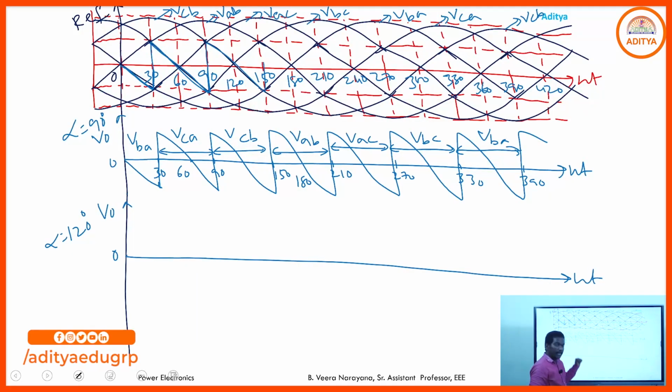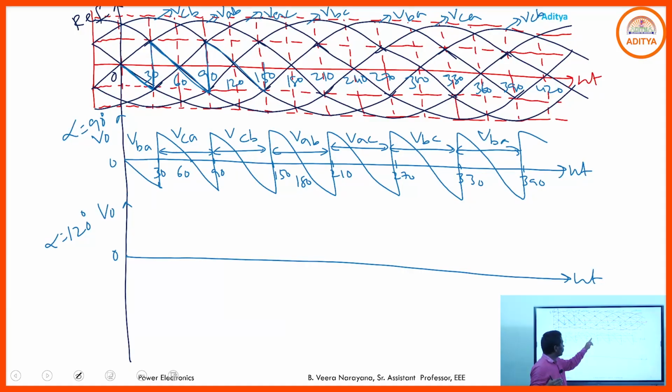After that, from 180 to 210, the next incoming SCRs are at 210. So up to 210, the conduction of T1, T6 is extended. Hence this negative portion of the source is available across the load. We already said that the positive portion in the output voltage waveform represents some energy transmitted from source to the load, and the negative portion represents some energy transmitted from load to the source.